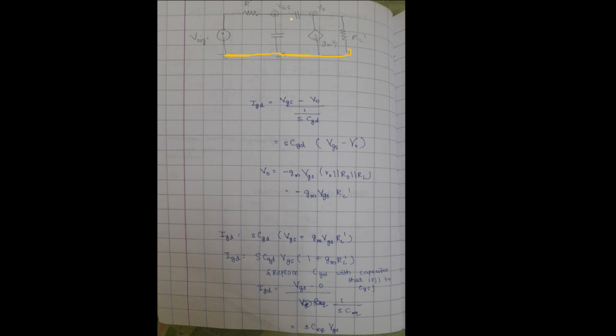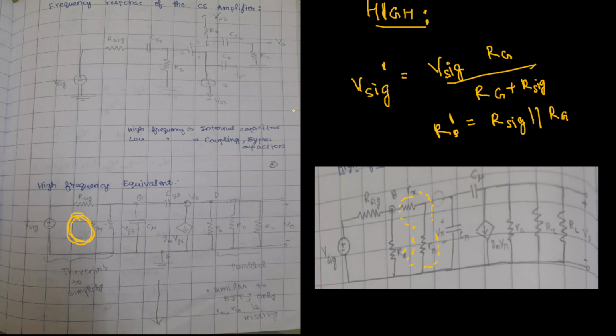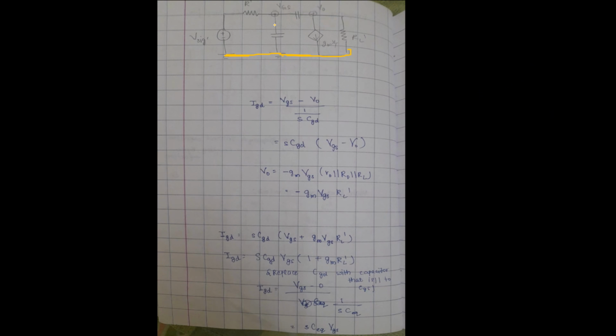So now let's see the various currents that we have. IGD is the current that is flowing across this capacitor here.